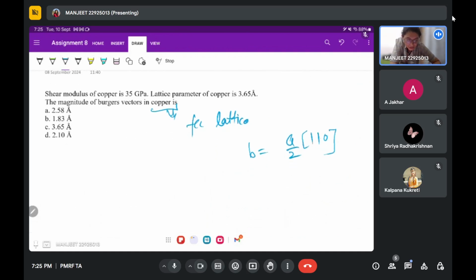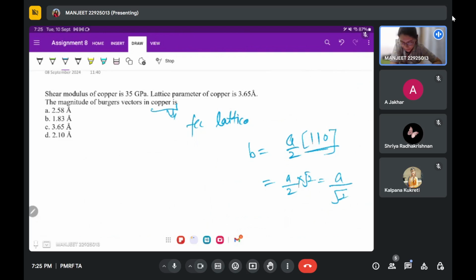What will be the magnitude of this? The magnitude will be a by 2 into root 2, so this gives a by root 2.